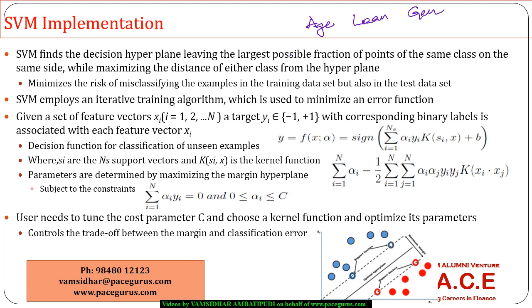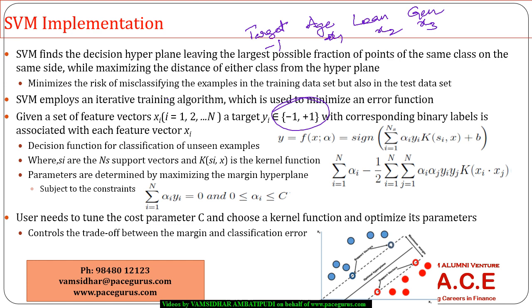So these will be my x1, x2, x3. These are the three features that I have. The target is whether the person has defaulted or not defaulted. So in support vector machines, I have to give them as -1 or +1: -1 in case of negative and +1 in case of positive.